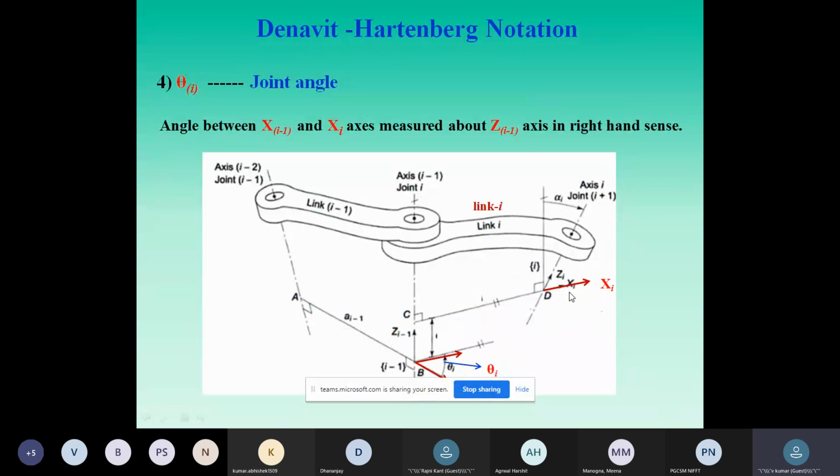If you take this as parallel here, then the angle between these two is theta i. This is called the joint angle. It is measured between xi minus 1 and xi, about zi minus 1. But remember, it is always measured about zi minus 1. About zi minus 1, two parameters are measured, theta i and di. Remember it. And alpha i is measured about the xi axis.